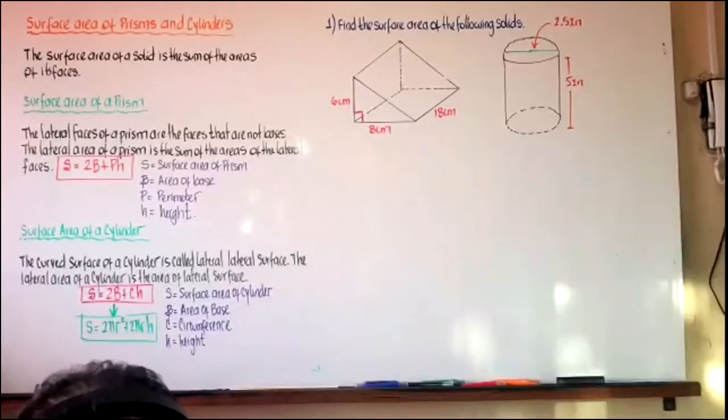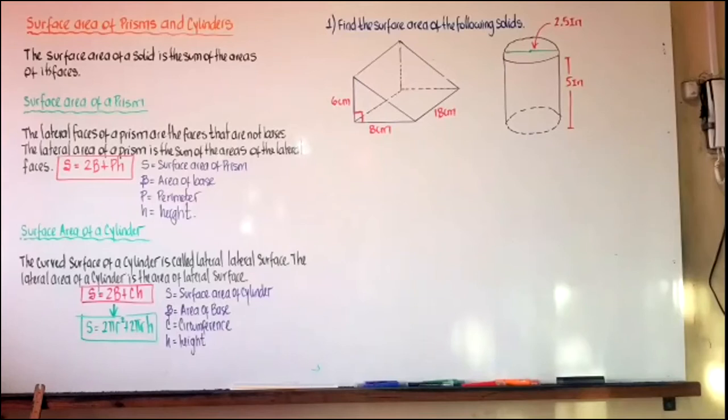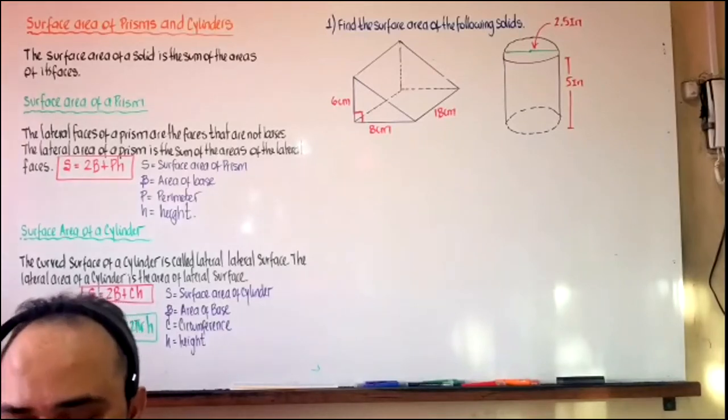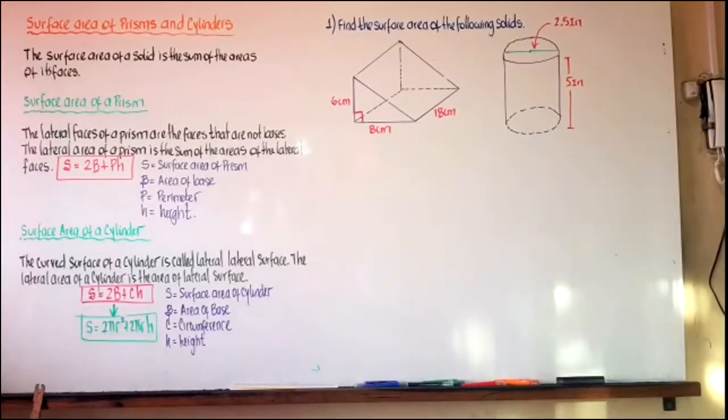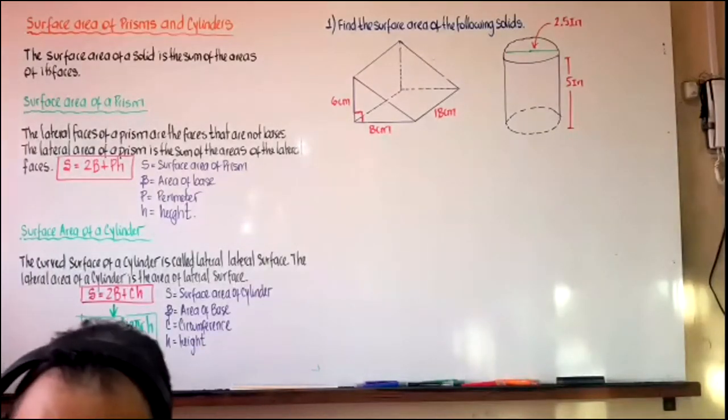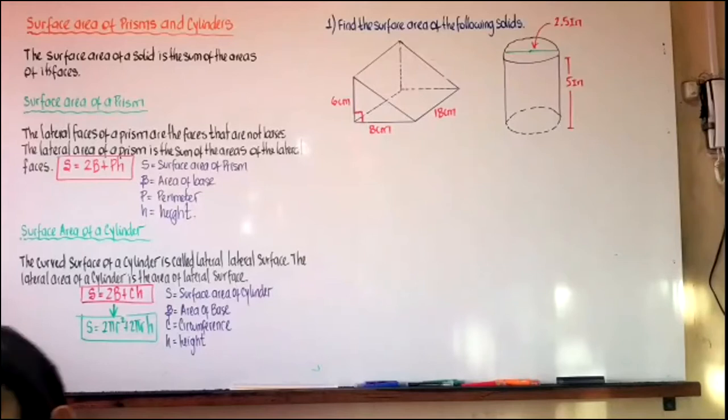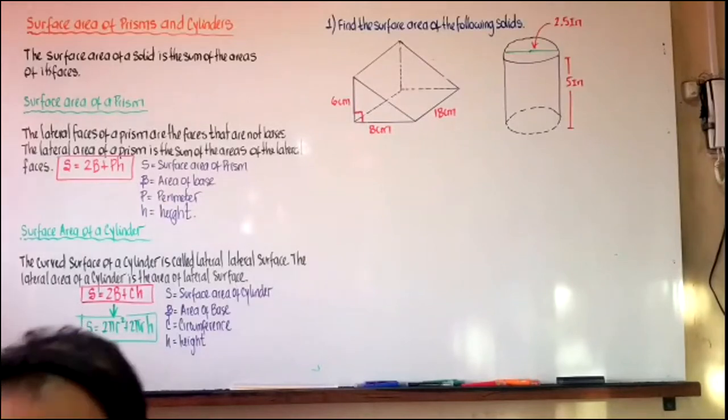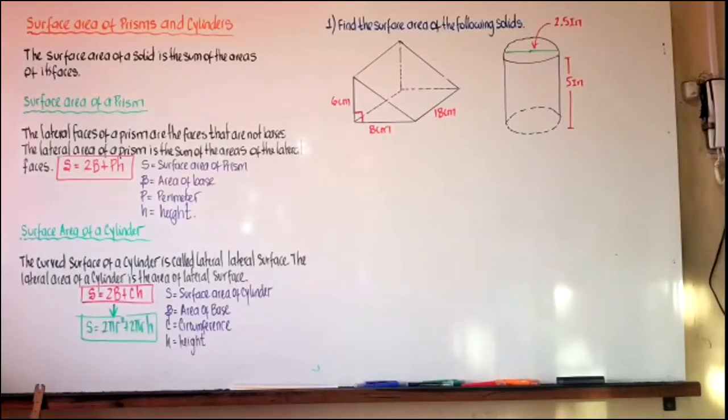It has a cylinder, this is a cylinder shape, and the area of the base in that situation will be a circle. But remember, in the circle we don't have a perimeter. We have a circumference. That's why instead of using P times H, we replace the letter P by the C, that means the circumference.